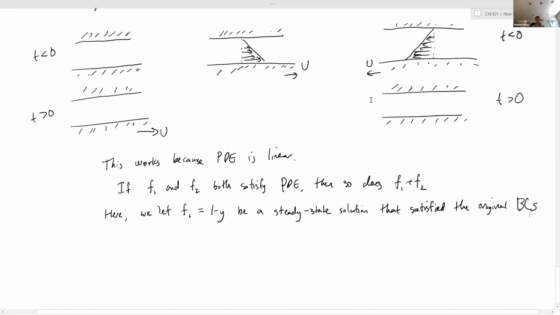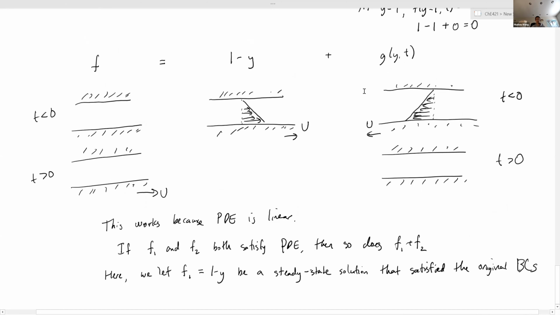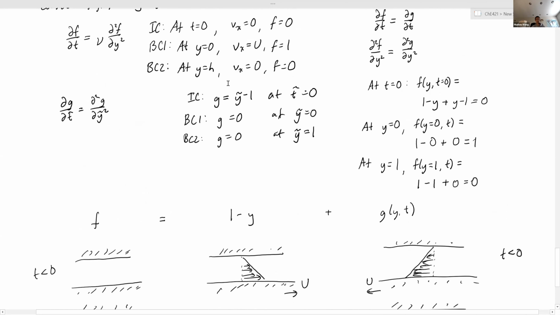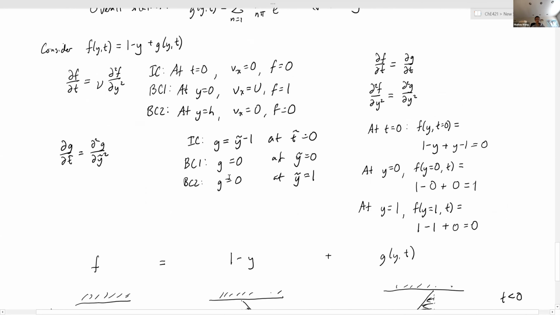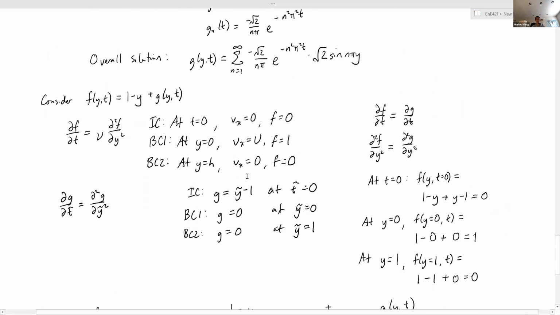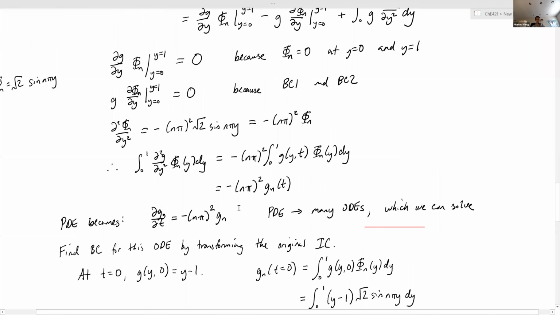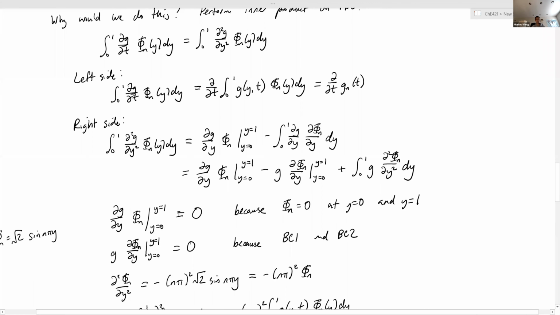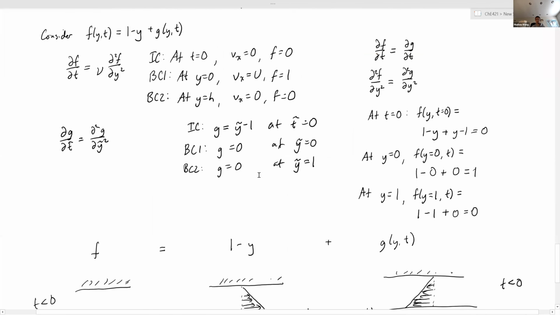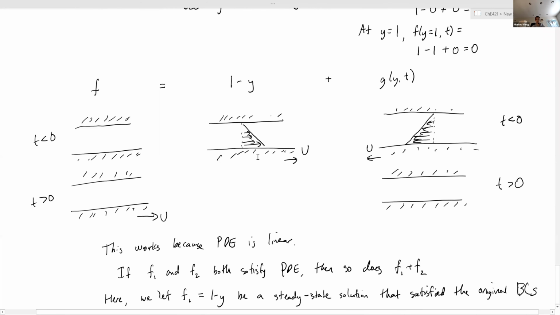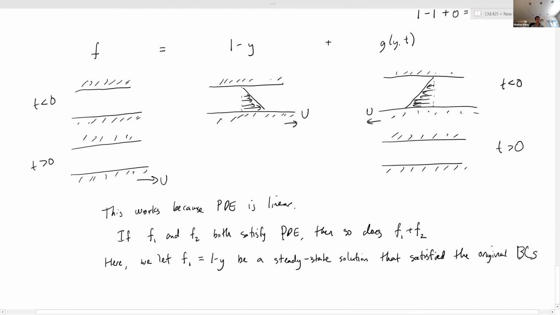There are advantages to doing it like this. It turns out that in the FFT solution, it is convenient to have boundary conditions that are all zero. For example, in our integration by parts step up here, we were able to set one of the terms equal to zero because of the zero boundary conditions, right? But I'll show you guys in the future, sometime like next lecture, that's not completely necessary.